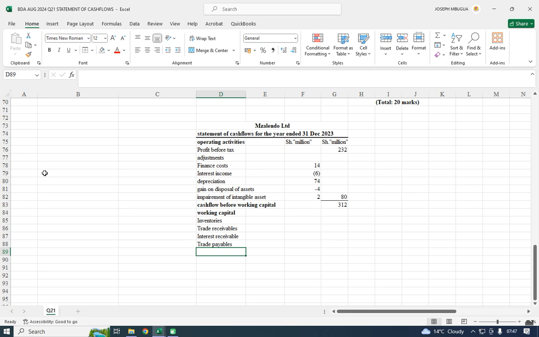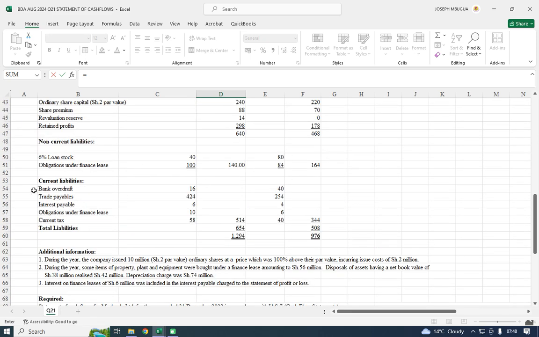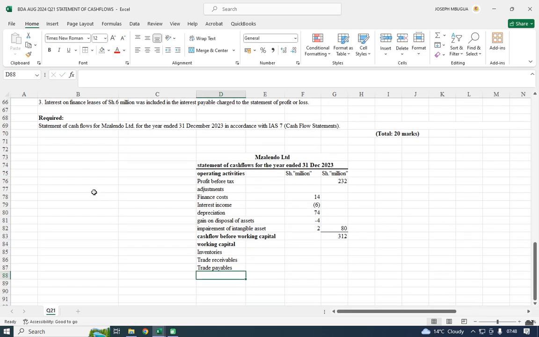You can either account for it under working capital, or you can account for it under the investing activity, and both of them will be okay. You'll find that this interest is because of investment, so I may end up eliminating it here and just deal with the payable.